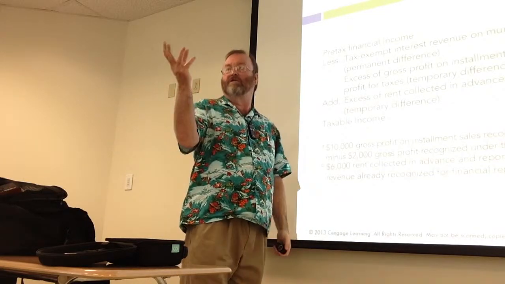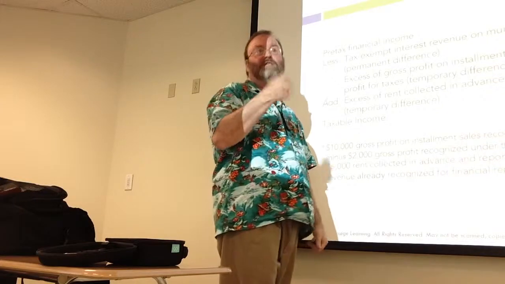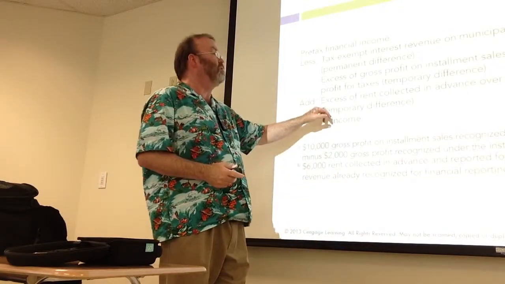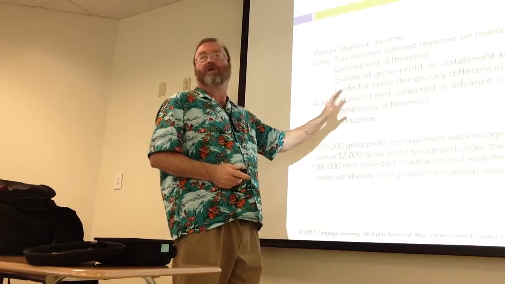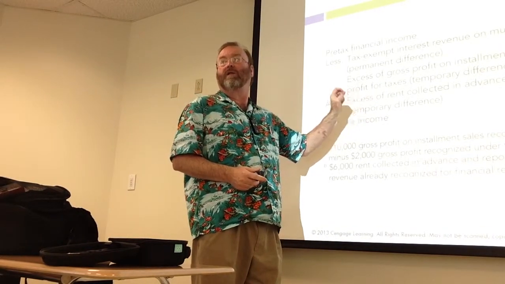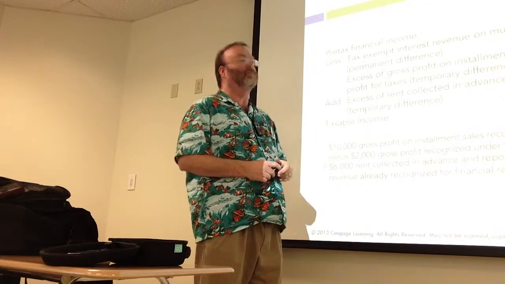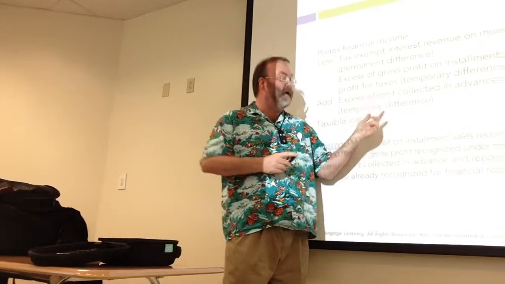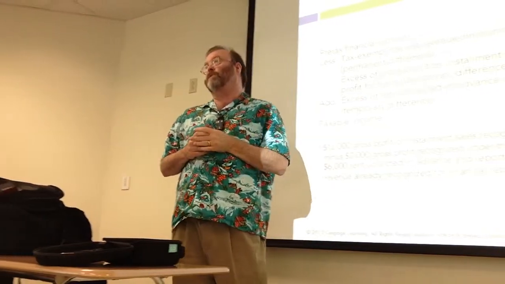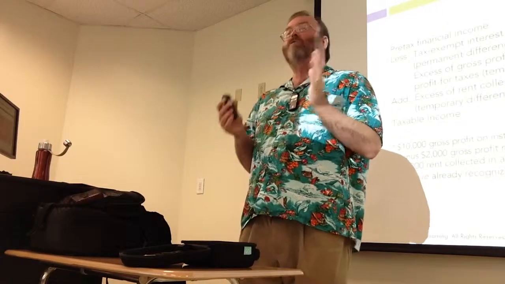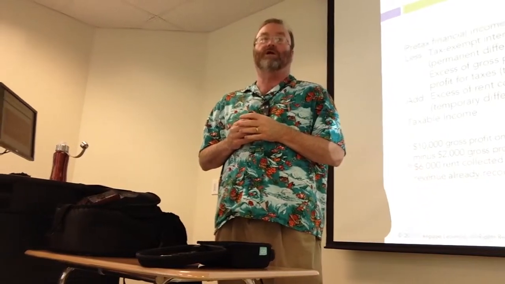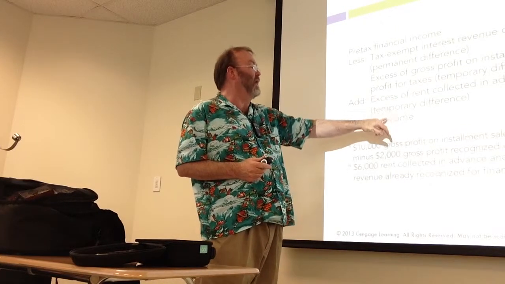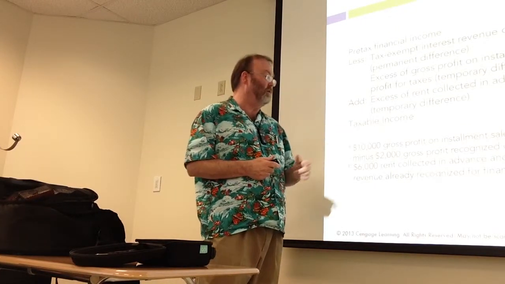So of the $10,000 that we recognize for financial purposes, they actually paid us $2,000 during the year in cash. All right? And then we remove the rent out of the financial income. Okay? Because we add in the rent for tax purposes. Because they paid us $9,000, only $3,000 of it have we earned. All right? So we subtract the $8,000, add the $6,000, and that gives us taxable income of $6,600.